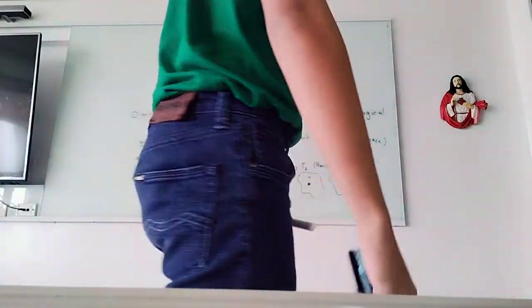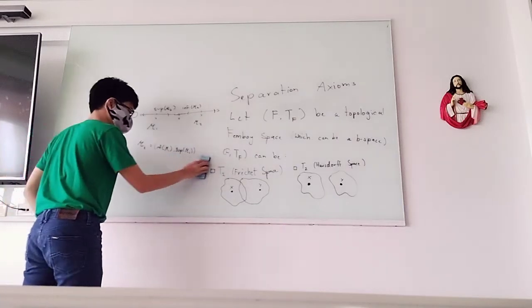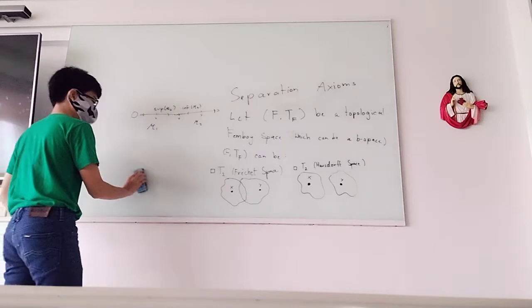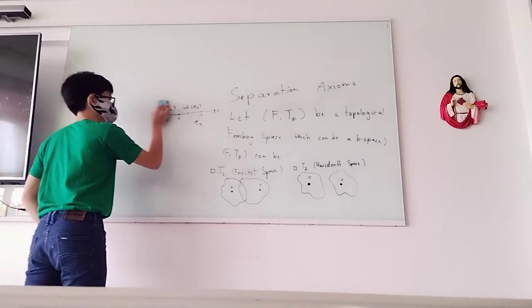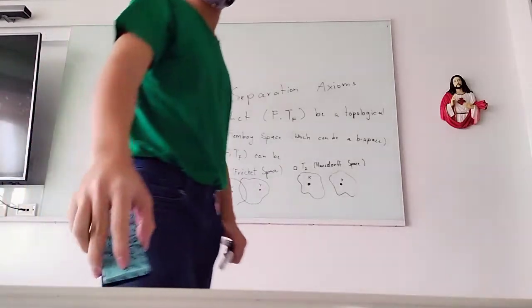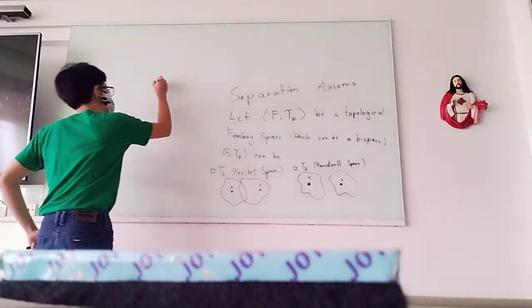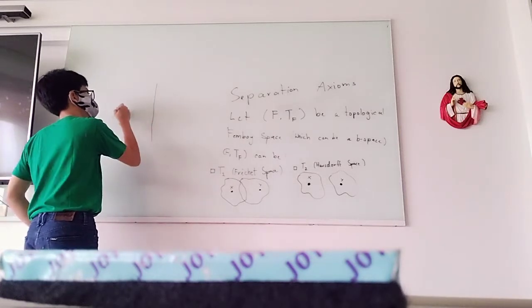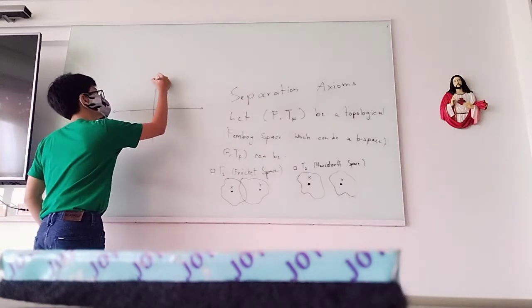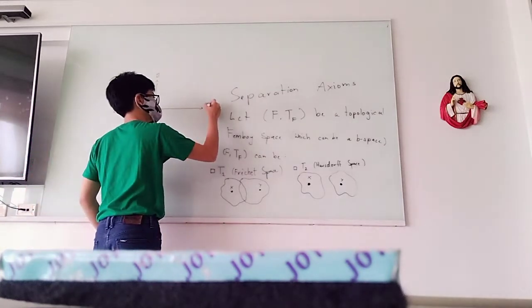So let's say we have our O cross P space. This is O and this is P.